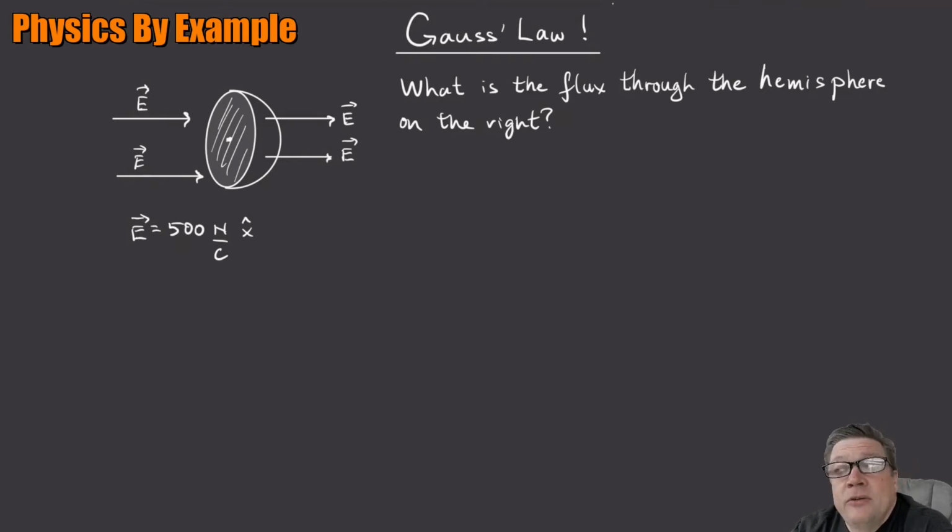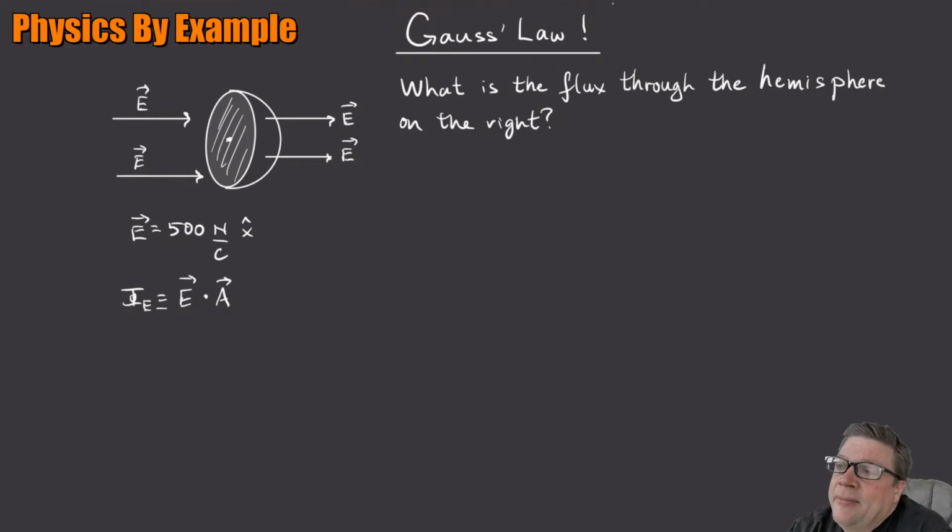Okay, so what we need to do is write down: what is the electric flux? Well, there's a really fast way to do this, but let me step through it. The electric flux is defined as the dot product of the electric field through some area.